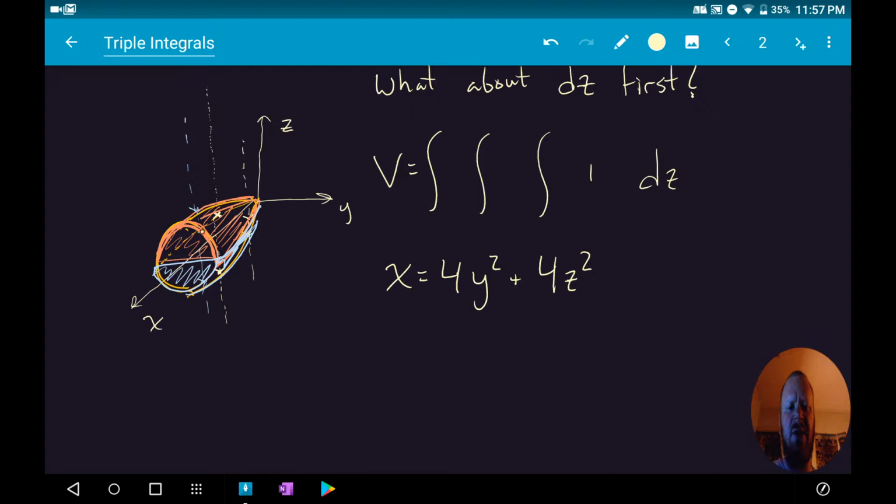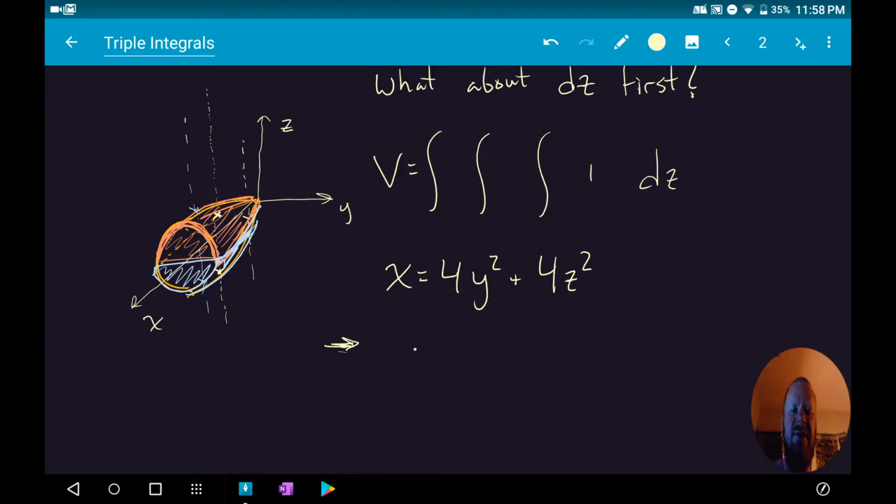And like I said, I'm really just going through that same surface, x equals 4. Unless I'm right on the edge here, I really don't ever travel through that surface at all. So what I need to do, if I'm going to put dz first, is I want to have two functions of x and y.